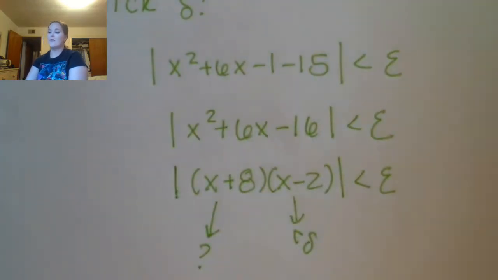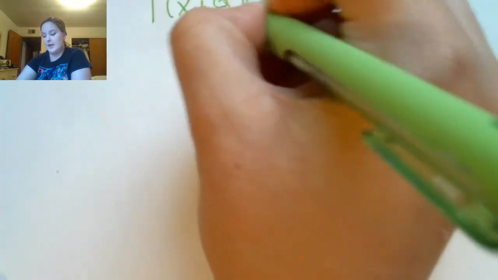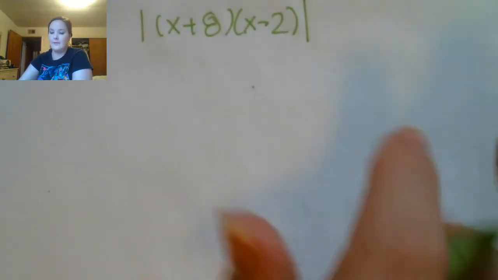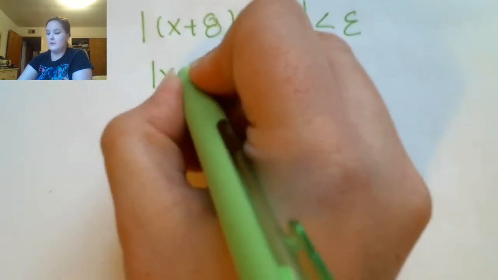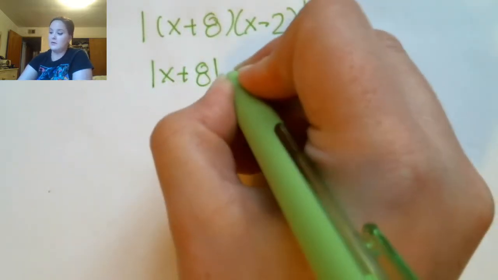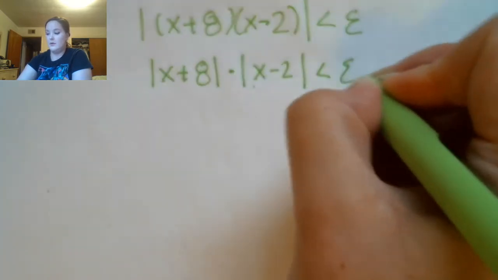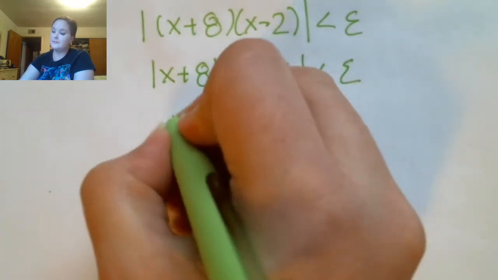So now if I go back to what I was looking at before, where I had x plus 8 and x minus 2, I can split it up, and now I can say that this is smaller than 11.